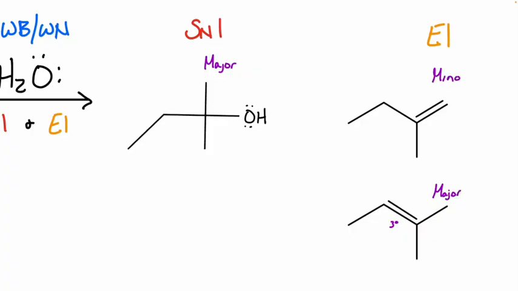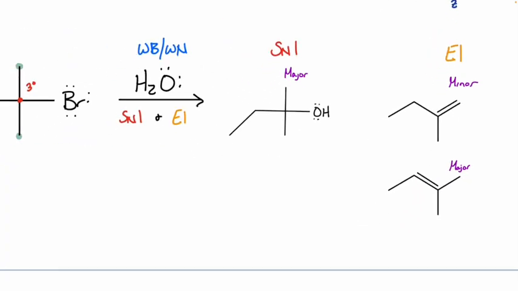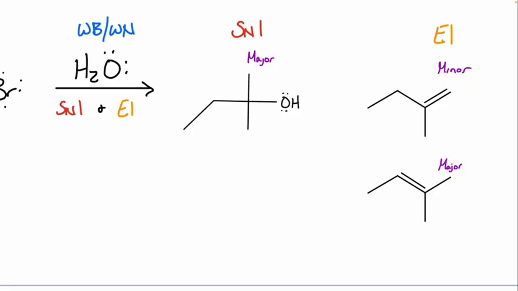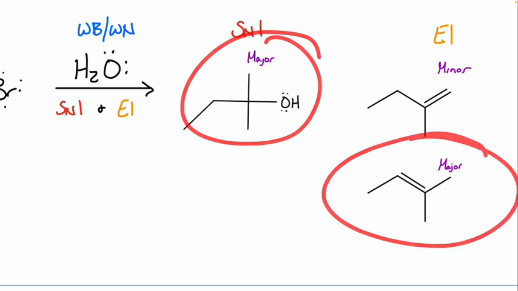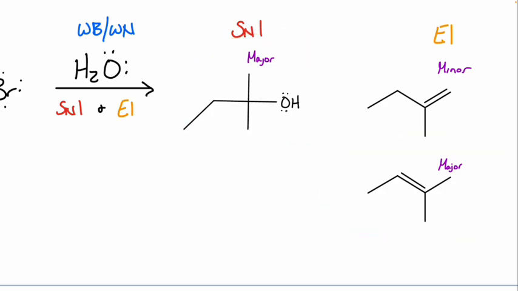We would call our di-substituted a minor product here. So for these tertiaries, since it's pretty evenly split between substitution and elimination, we'll have both a major substitution and a major elimination product. But since you can have multiple elimination products, your major product is going to be the one that is the most stable, the most substituted.